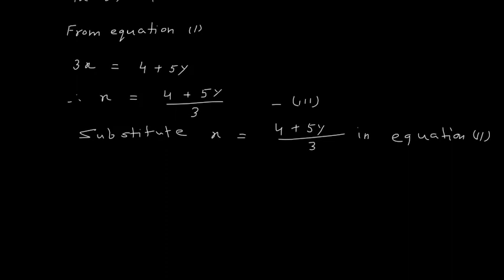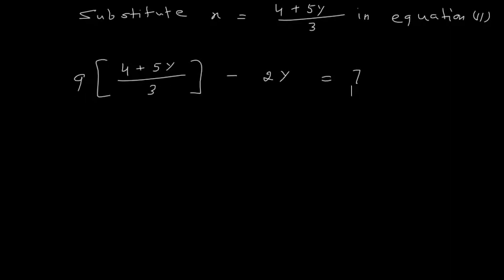So when we substitute in equation 2 we get 9 into, in place of x we write (4 plus 5y) whole divided by 3, minus 2y is equal to 7. Now this 3 is in the denominator, and 9 is in the numerator. So 3 ones are 3, 3 3s are 9. So we get 3 into (4 plus 5y) minus 2y is equal to 7.